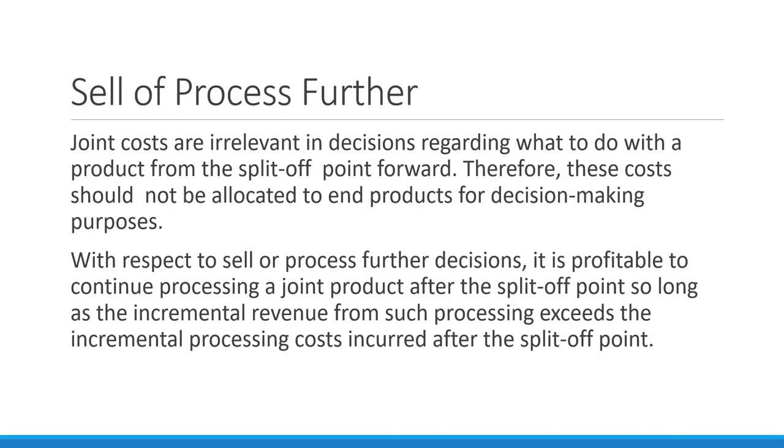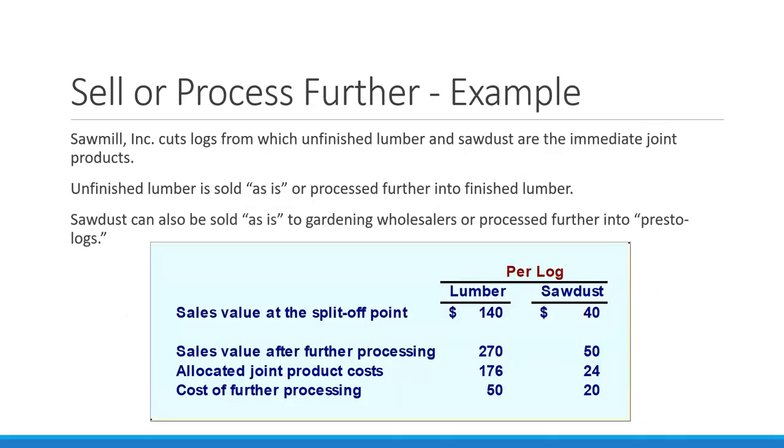We're of course going to look at an example. So we have a sawmill. They cut logs from unfinished lumber, and sawdust are the immediate joint products. The unfinished lumber can be sold as is or processed further into finished lumber.